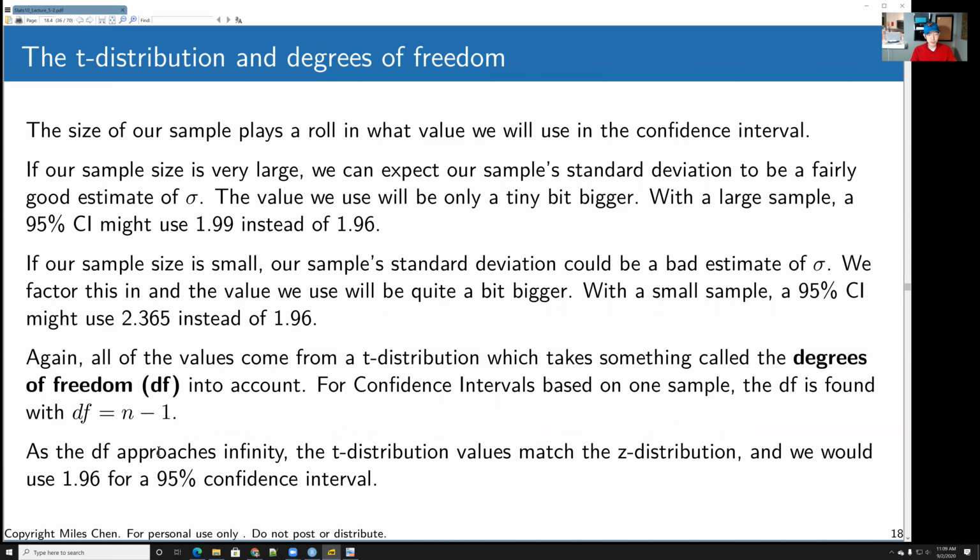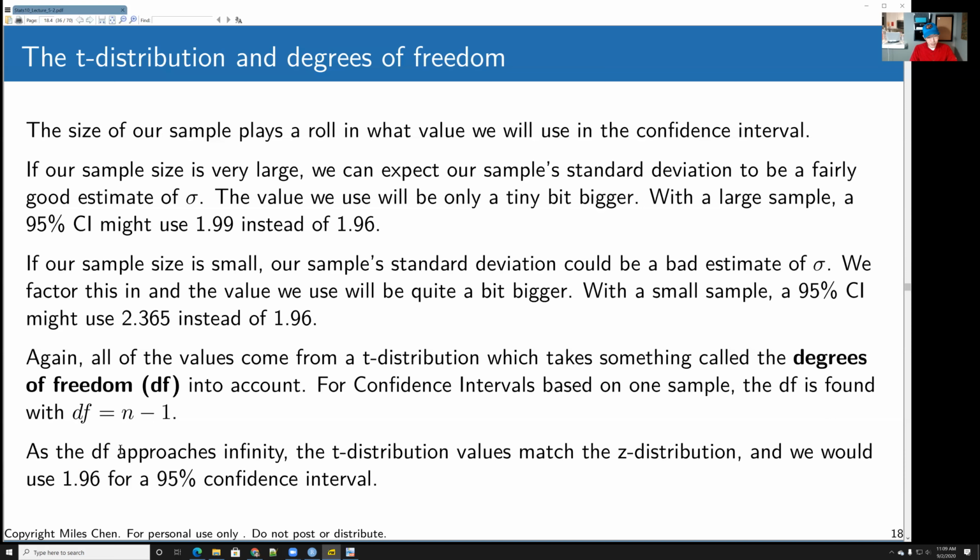And as the degrees of freedom approaches infinity, the T distribution ends up matching the Z distribution. So if you have a sample size that's huge, approaching infinity, you're going to end up using 1.96. The rule of thumb is, if your sample size is over 50, just go ahead and use 1.96.